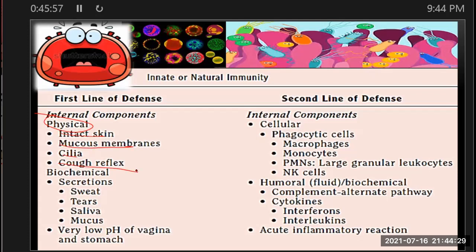So don't try to stop yourself from coughing or sneezing. And then we also have secretions, and secretions have their functions. So it's not bad if you sweat or cry, or if you have saliva and mucus in your nose, to trap the bugs. And then also the very low pH of the vagina and the stomach. We require the pH there to be acidic; in the stomach it has to be about pH 1, gastric.